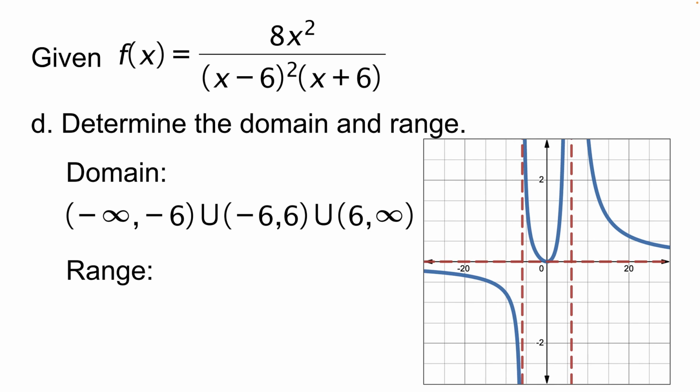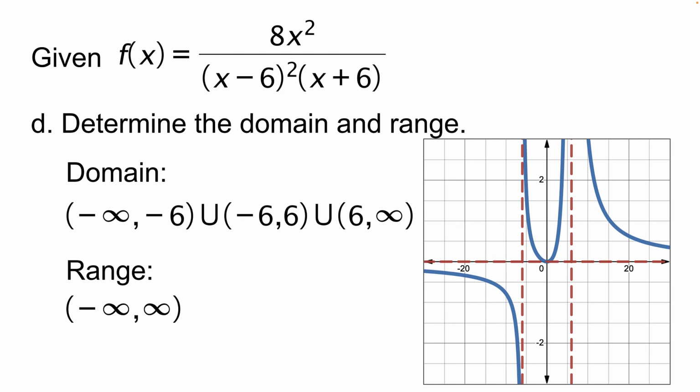Writing this in interval notation, we would say the domain is from -infinity to -6, from -6 to 6, and from 6 to infinity. We have to write 3 intervals here because we use the round parentheses to exclude the points 6 and -6 from the domain.